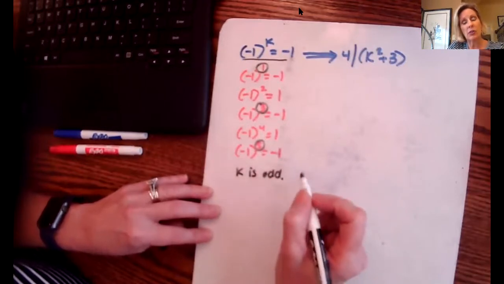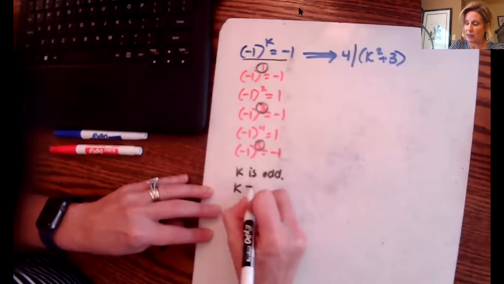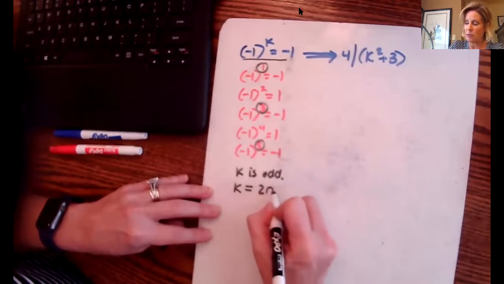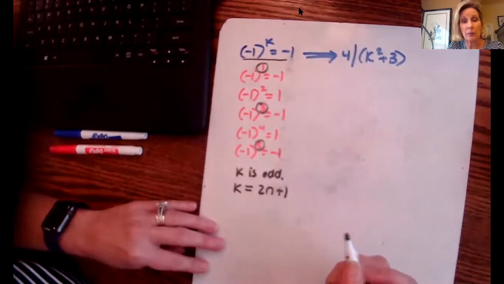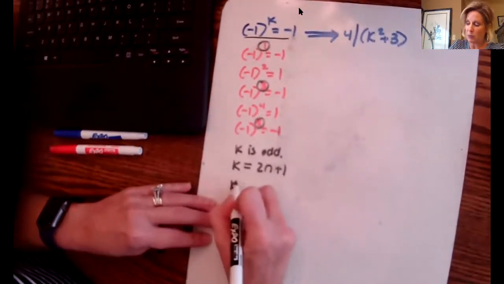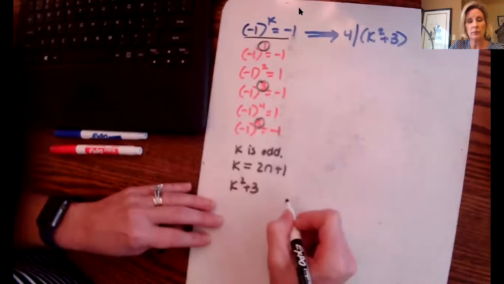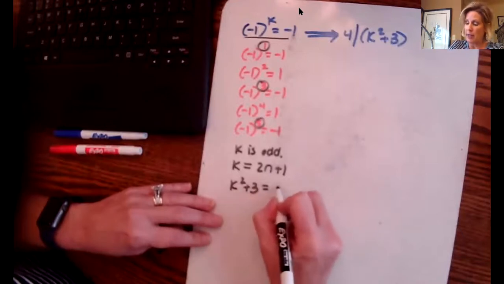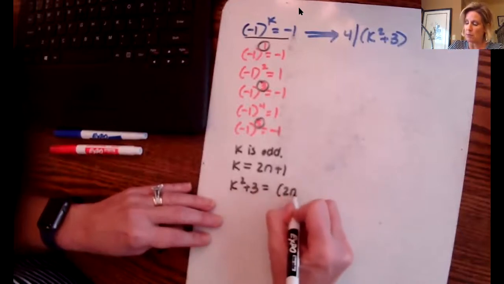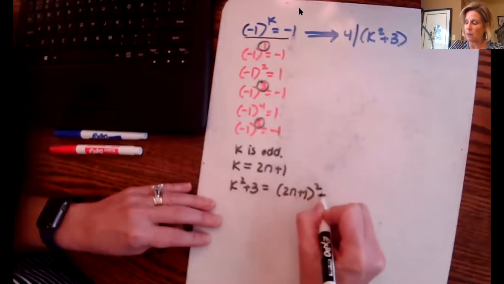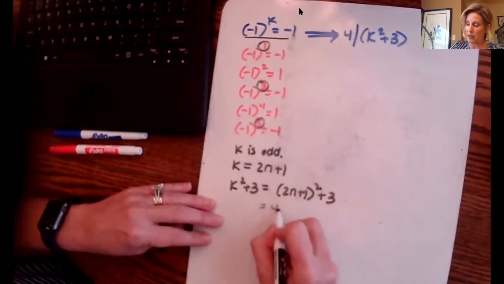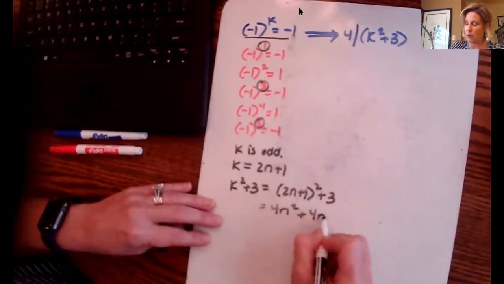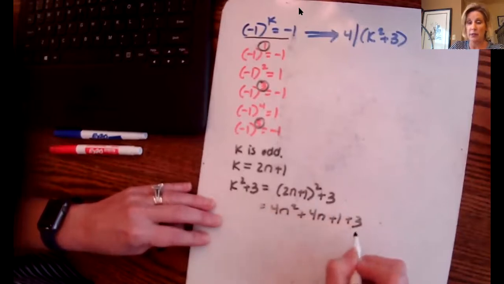Now, if k is odd, I know the definition is that k is equal to 2n plus 1 for some integer n. So let's look at k squared plus 3. Well, that would have to be (2n plus 1) squared plus 3. If I square the binomial quickly, I get 4n squared plus 4n plus 1 plus 3.